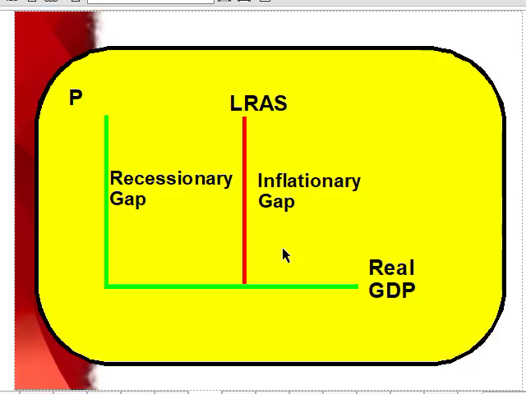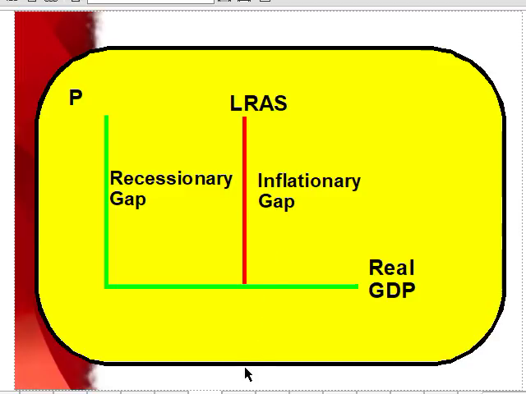You pay them more. When you start paying your workers more, you have to raise your prices. So if the economy is to the right of LRAS, wages and prices are going to go up. We're going to have inflation, and that inflation is eventually going to make it unprofitable to be to the right of LRAS. But we're going to have this inflationary gap where the economy is producing so much that prices are going up because it's unsustainable, because they're having to hire workers away from other people. And so we end up to the right.